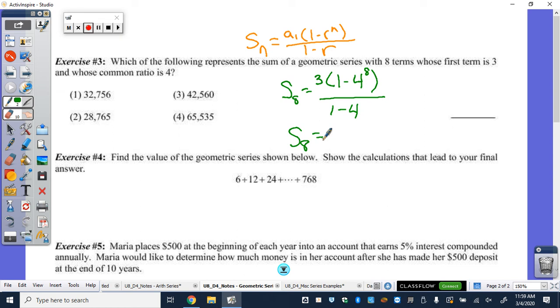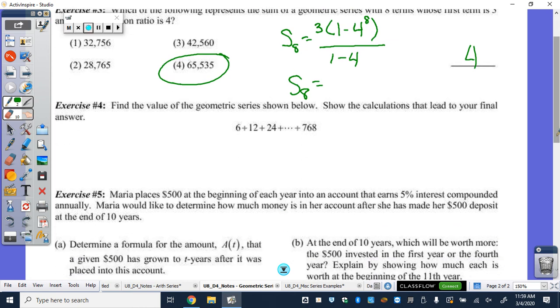What do we get? 65,535. Okay, number 4, find the value of the geometric series shown below. Show the calculations that lead to your final answer.